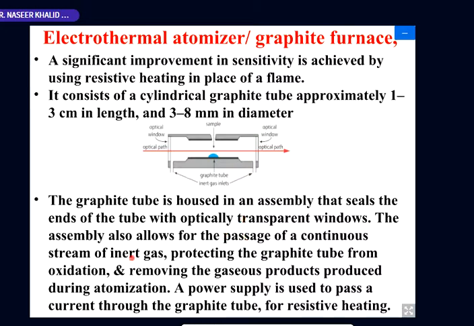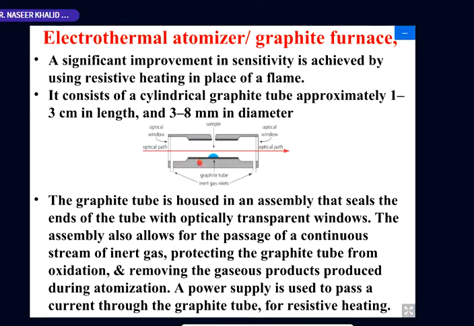of a continuous stream. We are also passing an inert gas through this graphite tube during the experimentation. We pass inert gas because this is a graphite tube, graphite being carbon, and when carbon is heated it will decompose in the air.